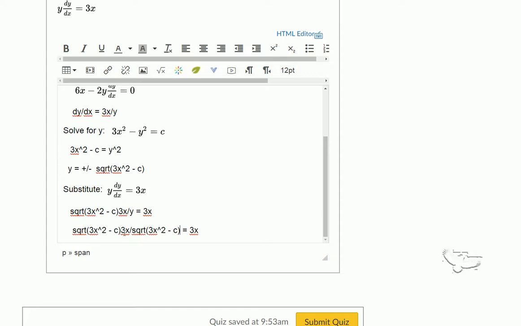So one thing that you notice is that if I use the negative square root here, then my denominator would also be a negative square root. So as long as you stick with the same solution that you're checking, whether it's negative or positive, those signs will cancel out. This part, I wonder if I can change the color.